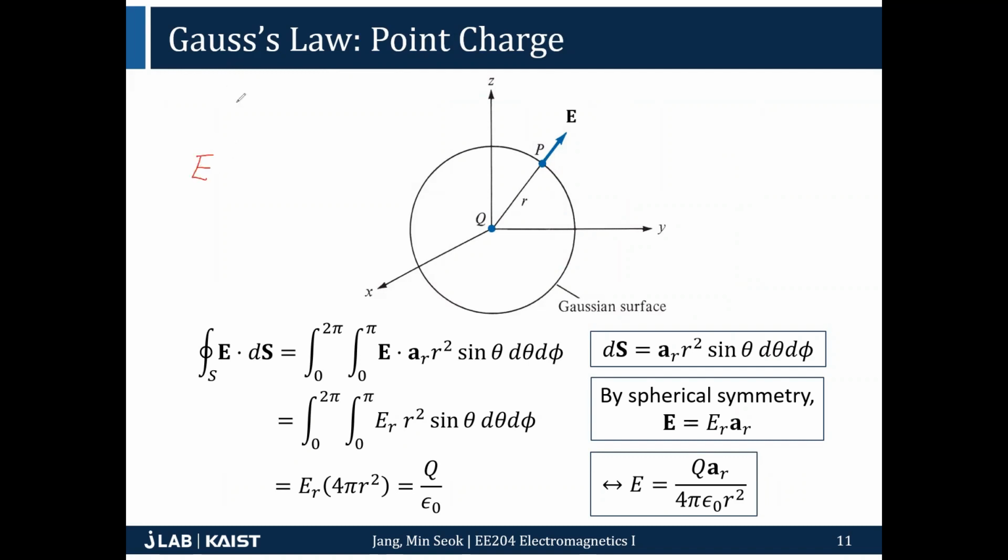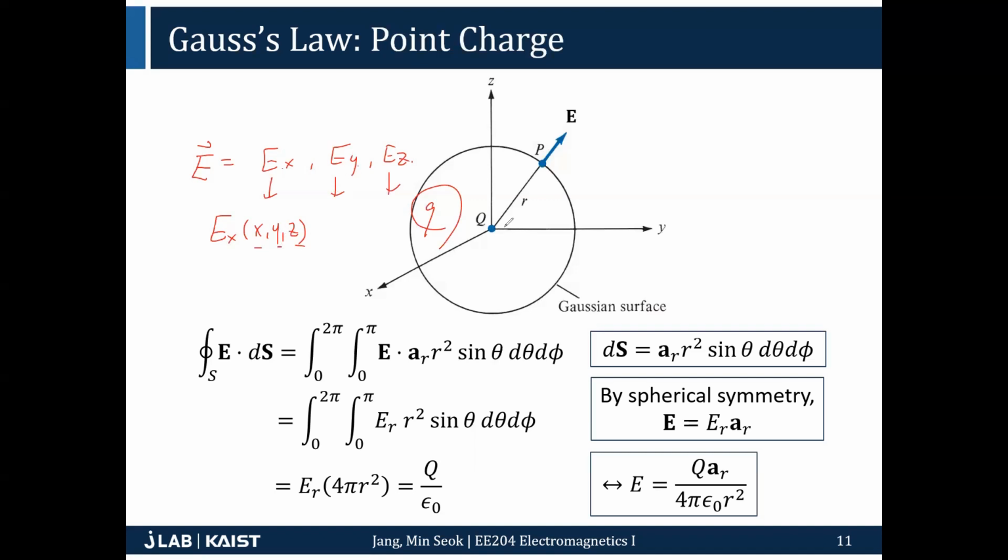So again, the E field can have three components: EX, EY, EZ, right? And then each of these components can be dependent on XYZ coordinate, XYZ position. So there are 9 possibilities, right? And then by applying symmetry argument, we rule out most of the possibilities.